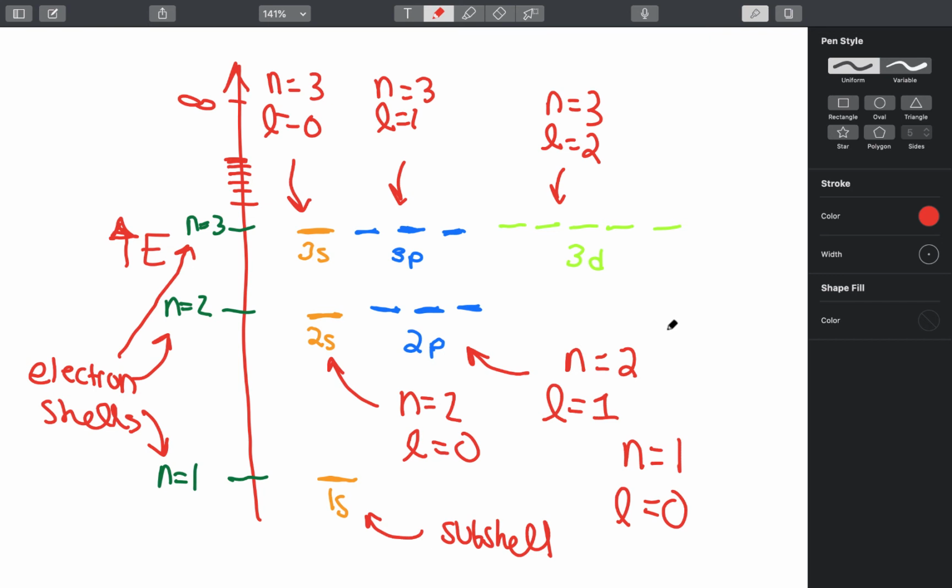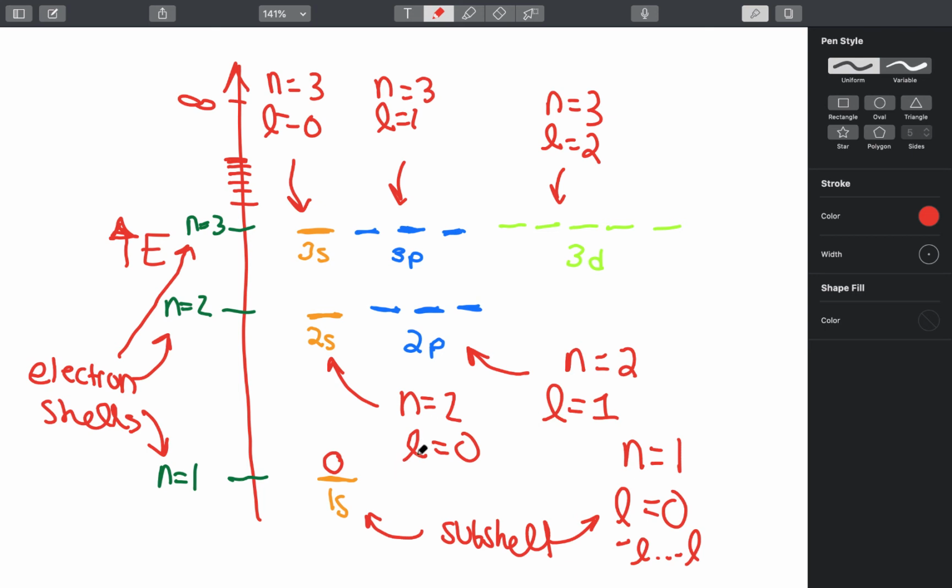So now let's label the mLs on each of these subshells. The first subshell that I want to label is the 1s. And here we have an L value equal to 0. So therefore, according to our rule for magnetic quantum numbers, negative L to L, we label this particular orbital as 0.